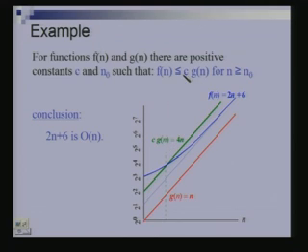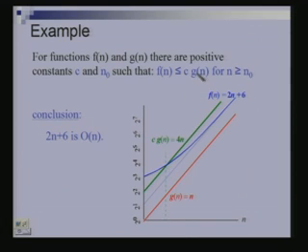So what are our constants c and n naught? The constant c is 4, and n naught would be this point of crossing, beyond which 4n becomes larger than 2n plus 6. What is this point of crossing? At what point does 4n become larger than 2n plus 6? 3.